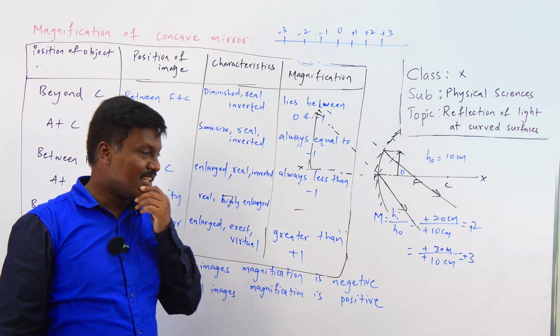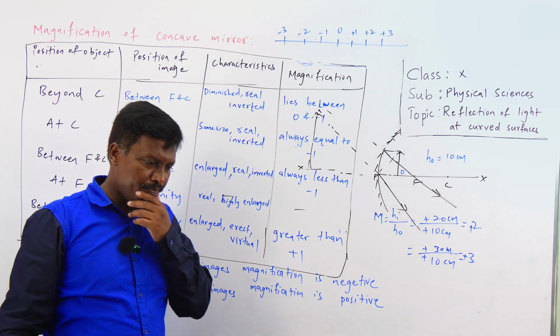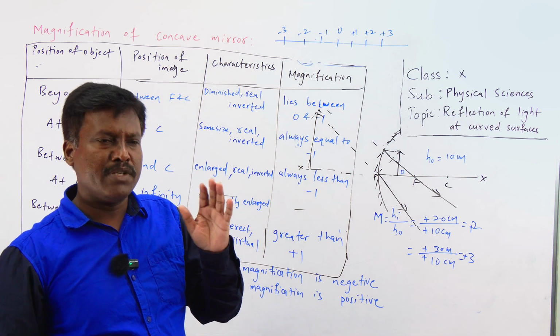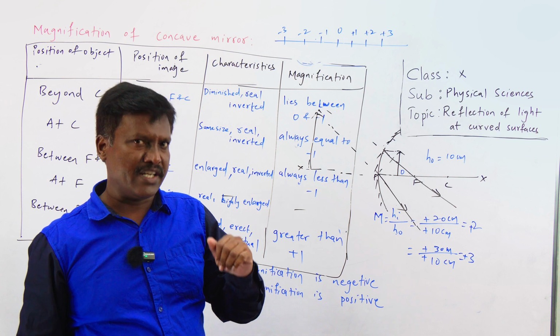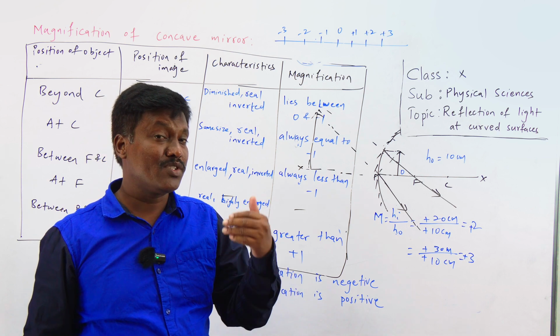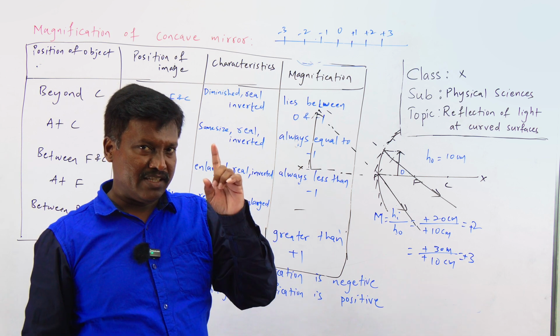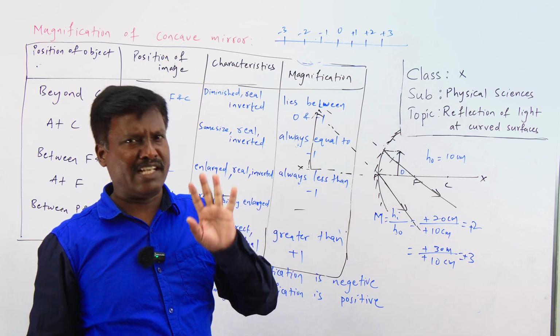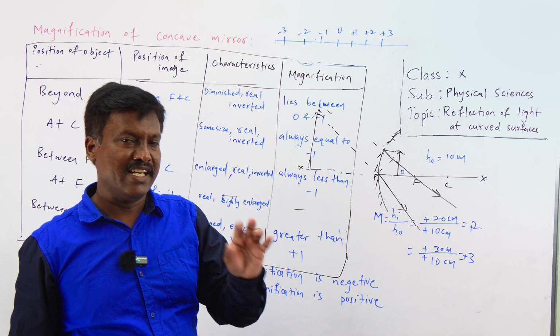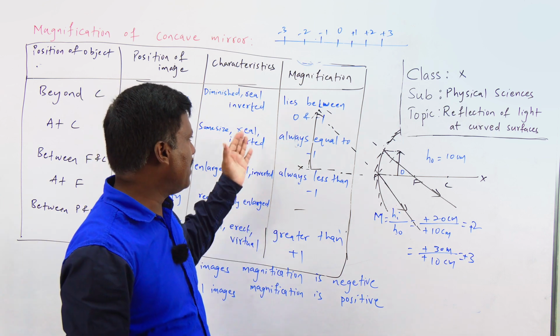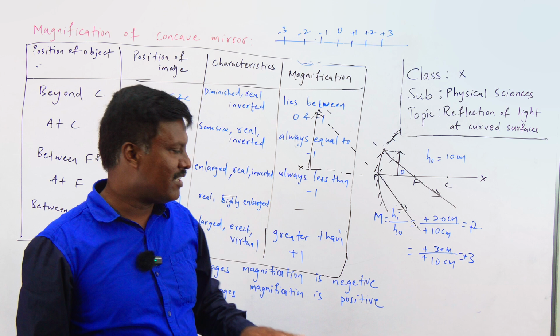Remember, because sometimes when we solve problems, a concave mirror produces 3 times real image, 3 times virtual image. This kind of question will come. 3 times means magnification is 3. Real image means we have to take minus 3. Virtual image means we have to take plus 3.